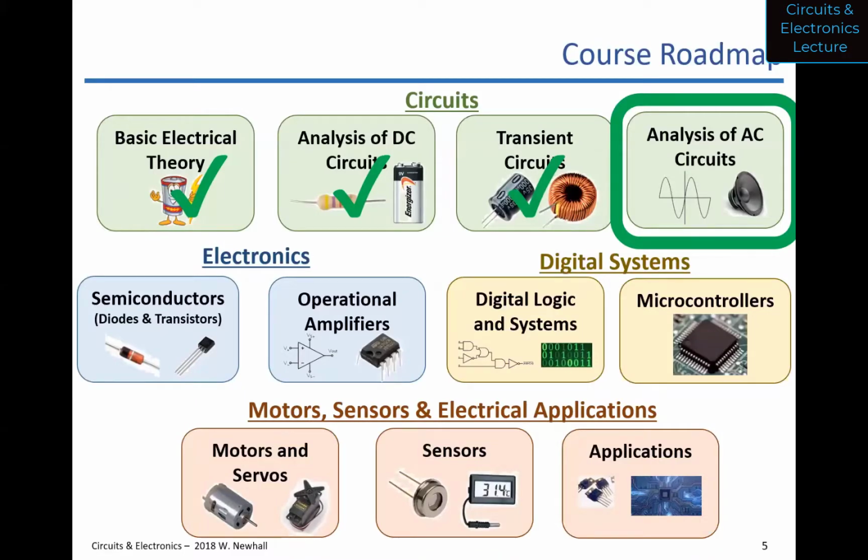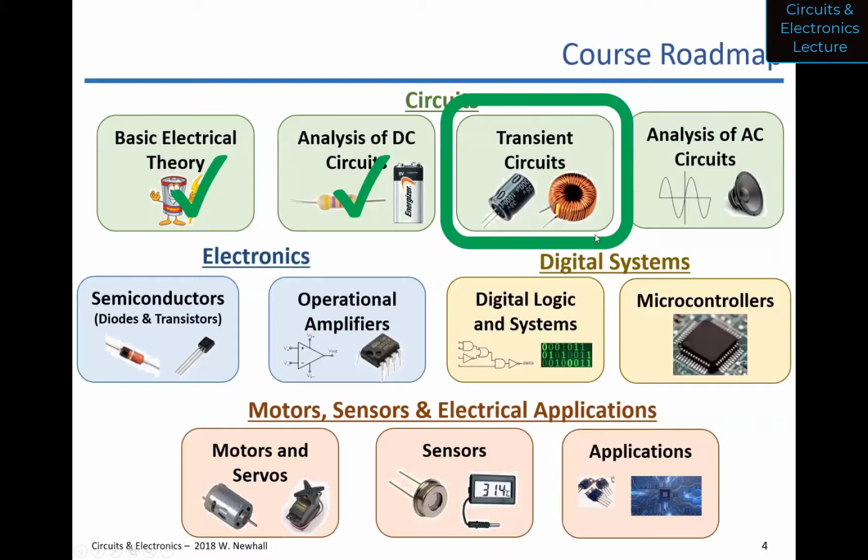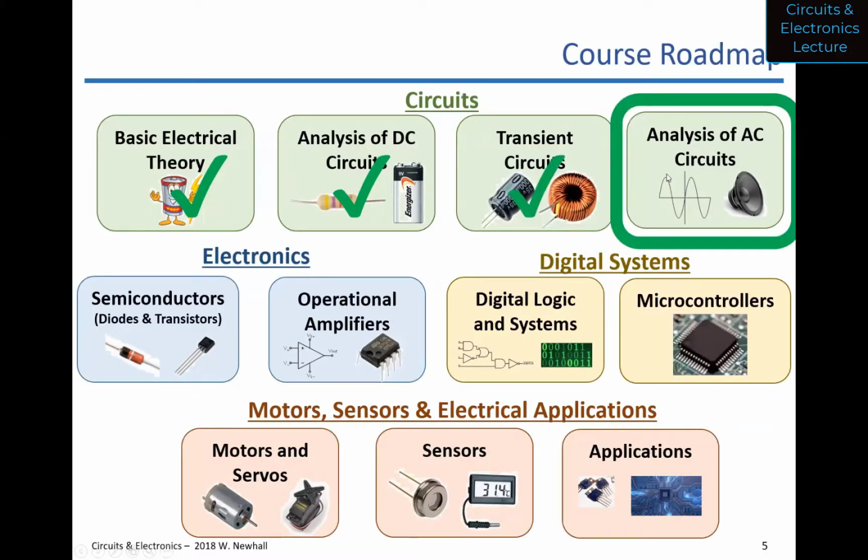So I'd like to bring up the course roadmap because we've reached another milestone. We've just finished up transient circuit analysis, RC circuits. And so we're coming to the end of the circuits part of the course. We're going to finish that up with analysis of AC circuits, so circuits that have mostly sinusoids.